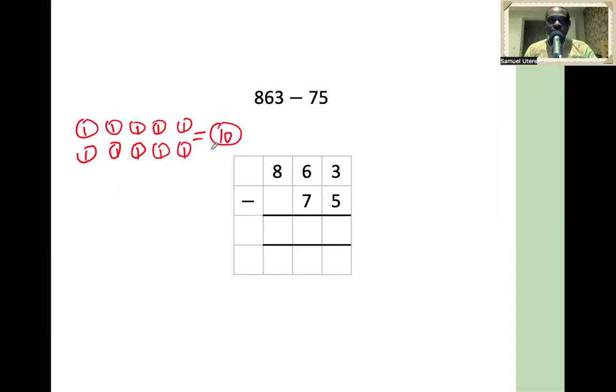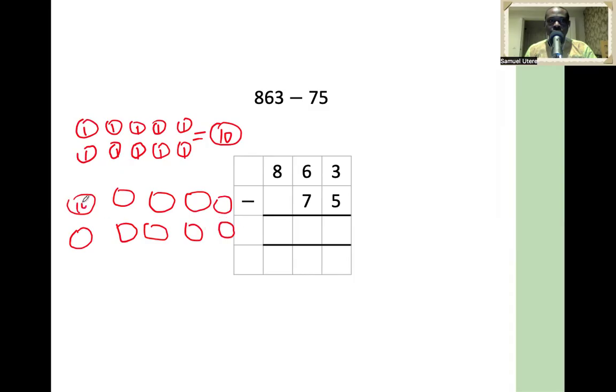And if you have 10 of these, that will be equal to a place value counter that is 100. So 10 tens is equal to a place value counter that is 100.